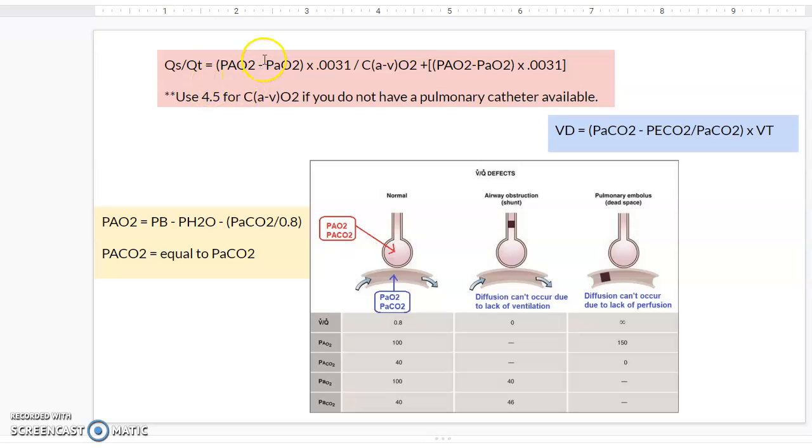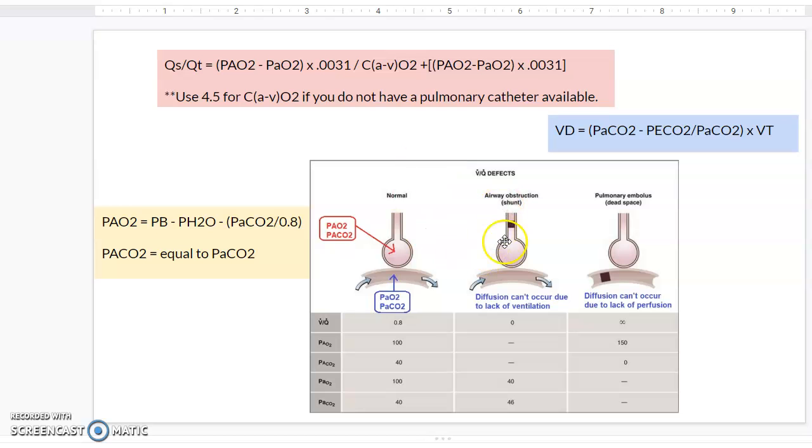The calculation we use for this is the shunt equation right up here. We need our PaO2, our PAO2, and our CaO2. You also need your CaO2 minus CvO2, and if you don't have a pulmonary artery catheter to get your SvO2, you're going to use 4.5 for that part of the equation. And then there's the rest of it there.